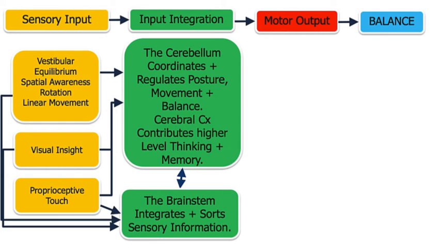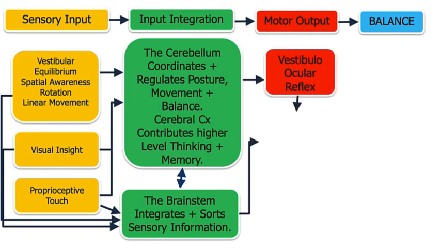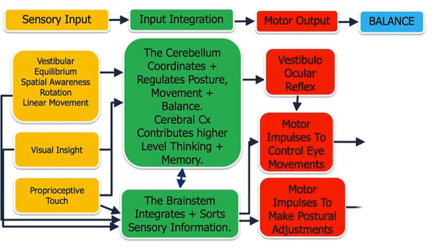All of these then are directed towards motor output, beginning with the vestibulo-ocular reflex, motor impulses to control eye movements, and then motor impulses to make postural adjustments, and ultimately then control balance. Again, recall this is all coming from that sensory input, changes of where our body is in three-dimensional space, and then how our body reacts to all those different parameters.